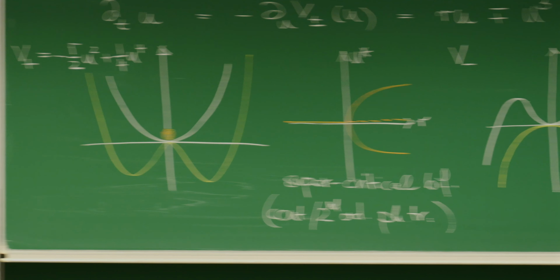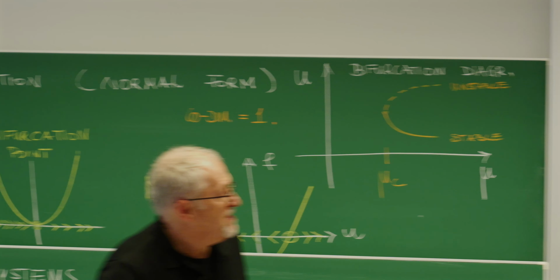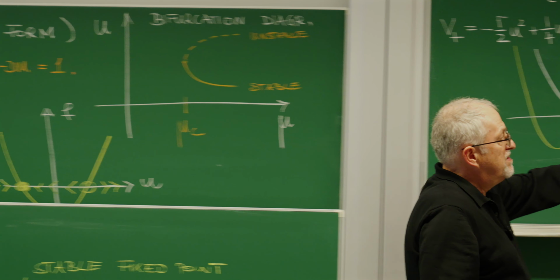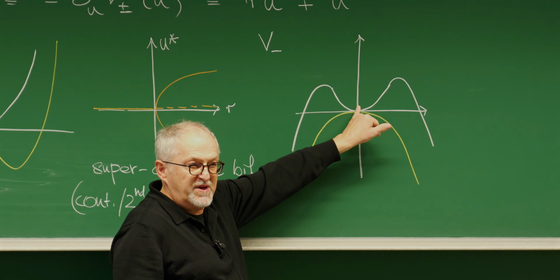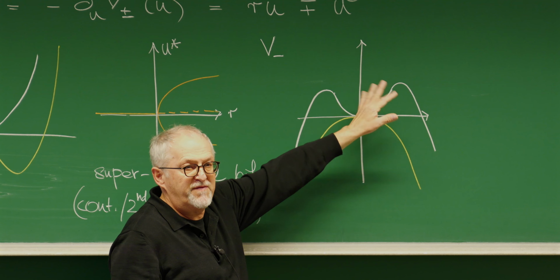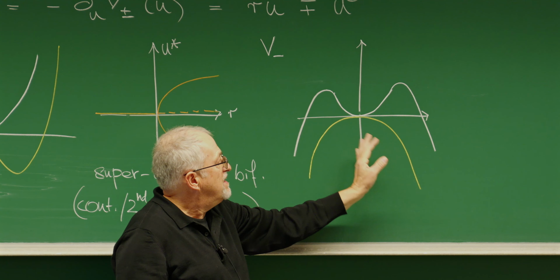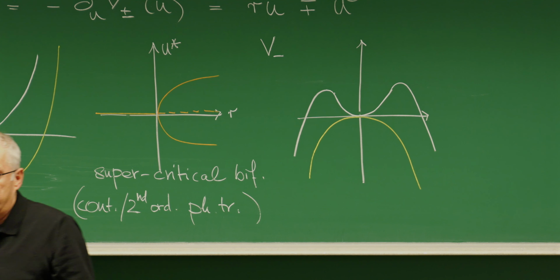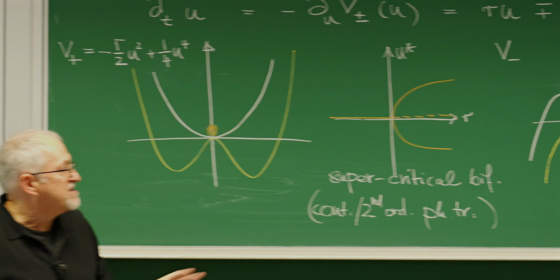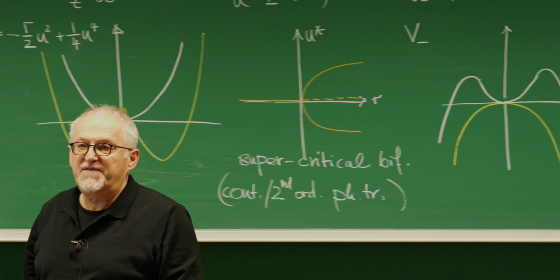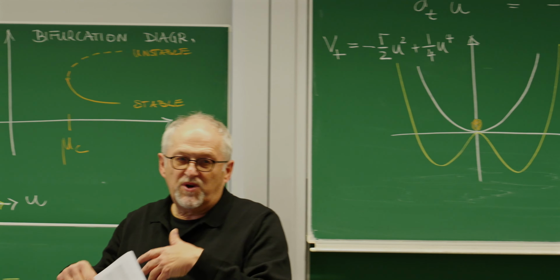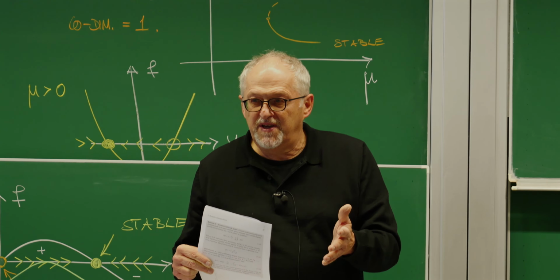So what you still have is, when you compare the two, for r less than 0, there's one stable fixed point, but then you can go off if you go over the barriers. And then here for r positive, there's no fixed point. Well, there's this one at 0, but it's unstable. There's no stable fixed point left, really. And this is what's meant also by first-order phase transitions, right?